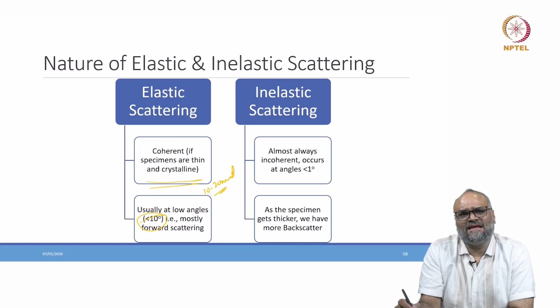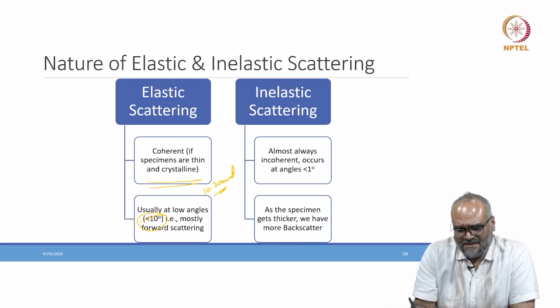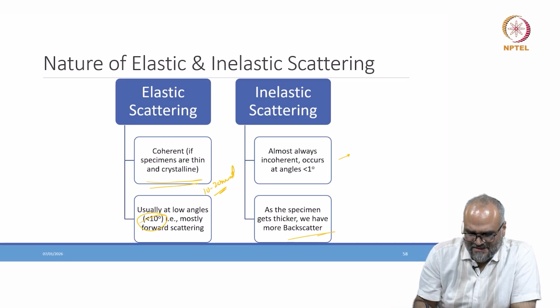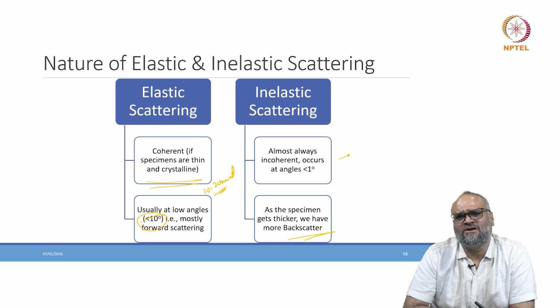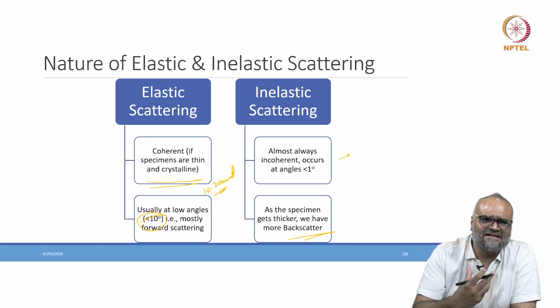If I see the inelastically scattered signal, it is more or less incoherent, and as you have more and more thicker specimen, you have more pronounced backscatter, and there are specific angles that you can associate with this inelastically scattered signal, and based on this you can position the detectors as well and you collect the signal.